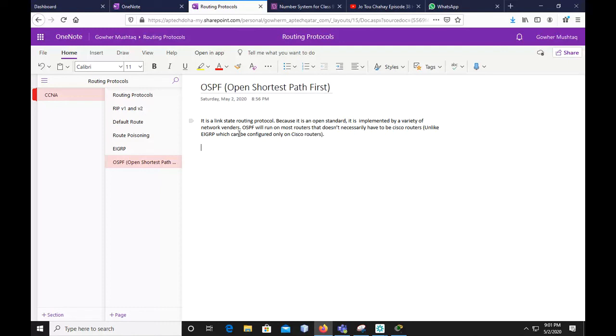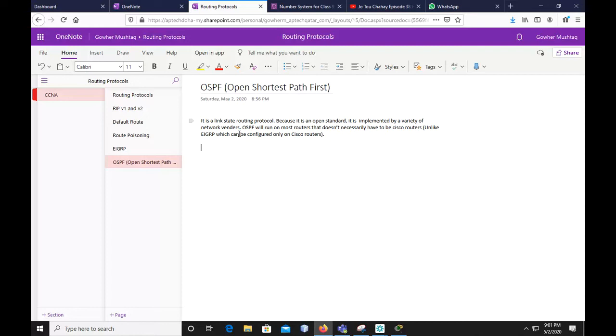So this is the first point. It's a link state routing protocol because it's an open standard and it's implemented by a variety of network vendors like IBM, any network vendor that we have, because it gives you simplicity. If there are some routers which are of lower price, we can use them also.